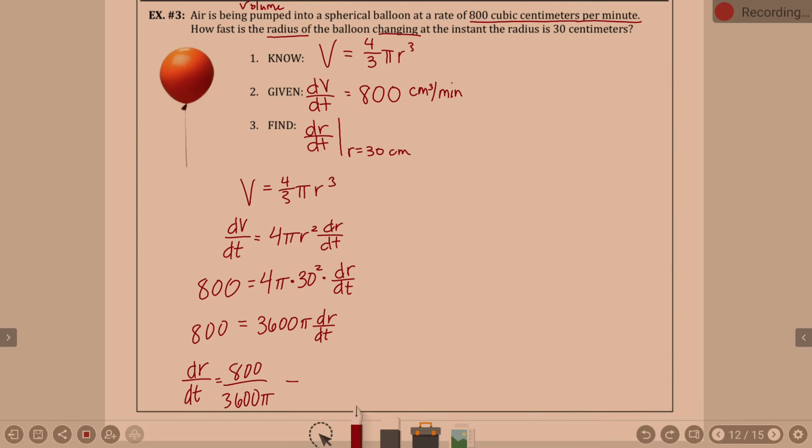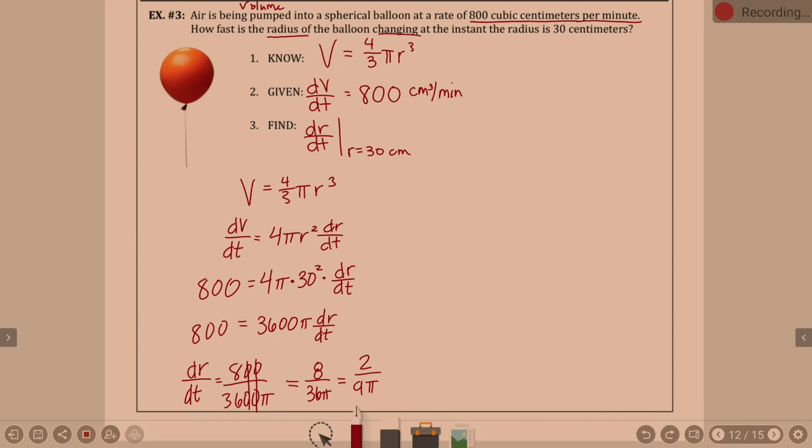My non-calculator brain is going to first cross out my zeros. So now I have 8 over 36 pi. 8 and 36 both divide by 4, so 2 over 9 pi.